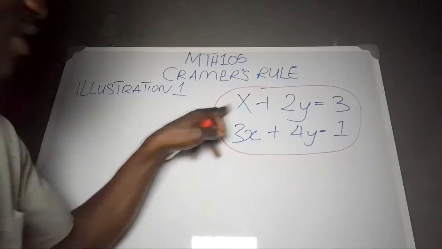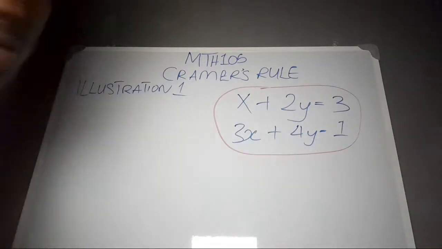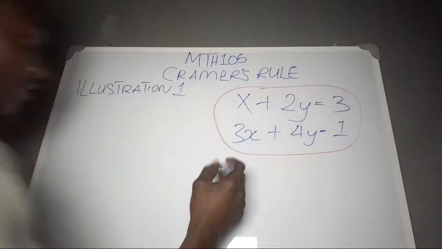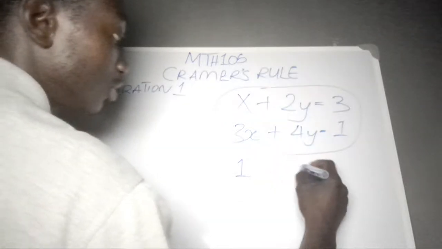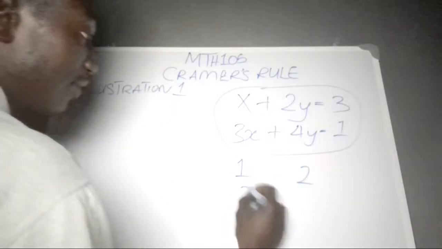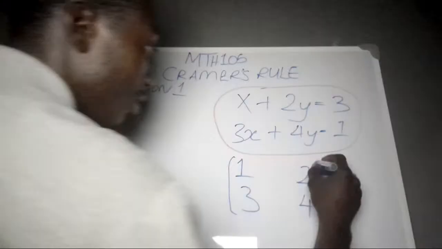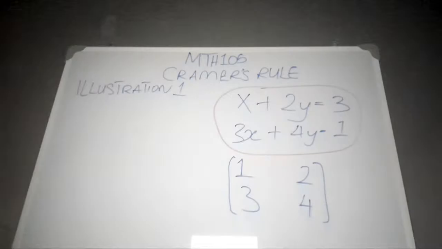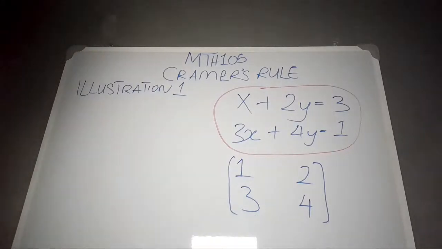This is 3x, this is 2y, this is 4y. So the coefficients of x will be 1, then we have 2, then we have 3, then we have 4. Now we have made it a matrix.